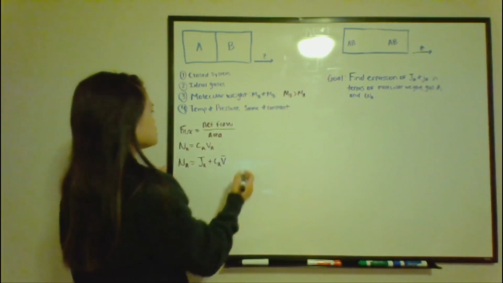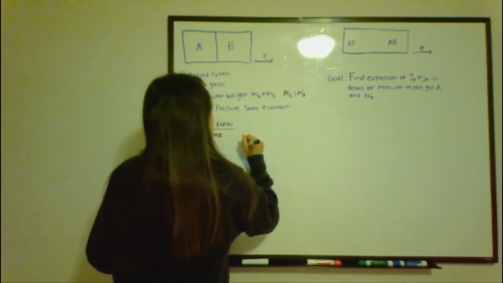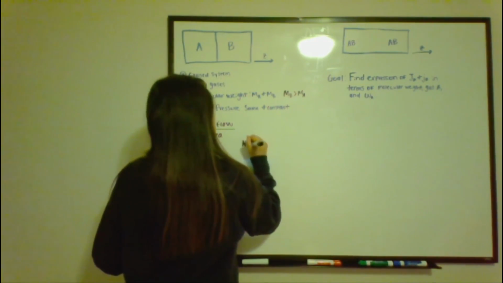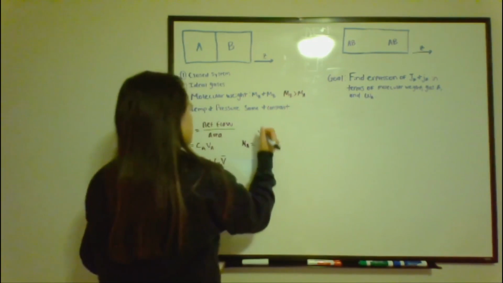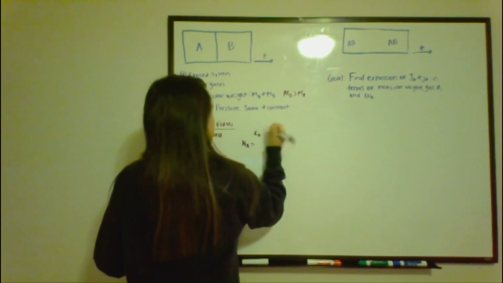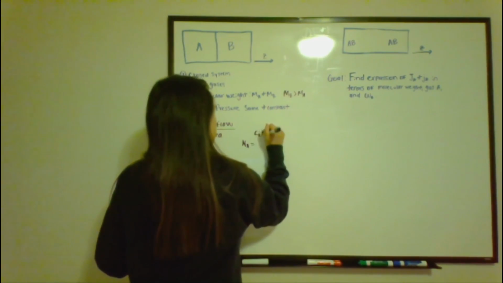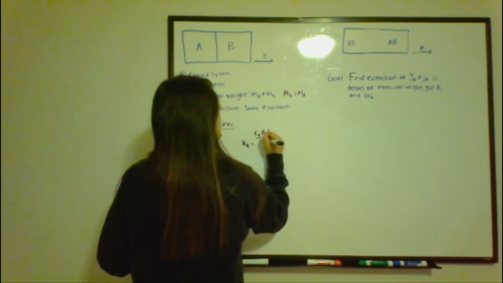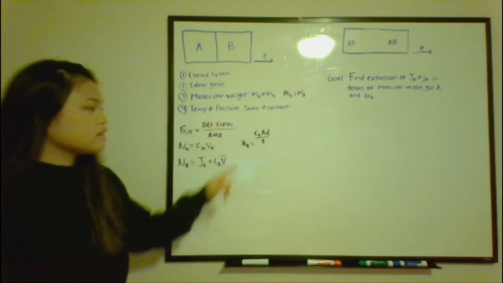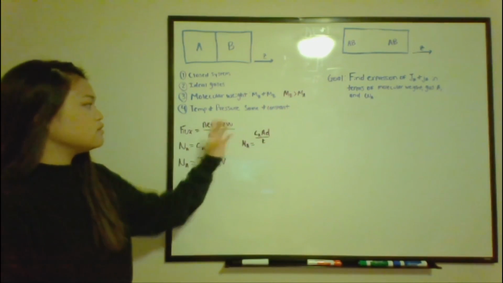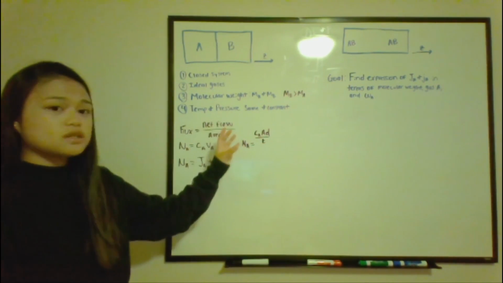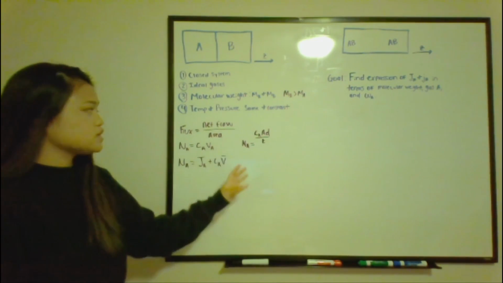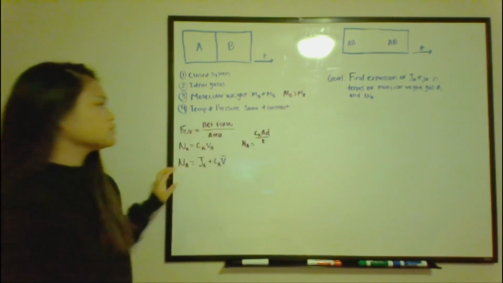So why does this equation make sense? Well, let's think about it. There is molar concentration of A times an area times the distance all over time. Well, the area and distance represents a volume, the molar concentration moving through a volume over a time. That's net flow.